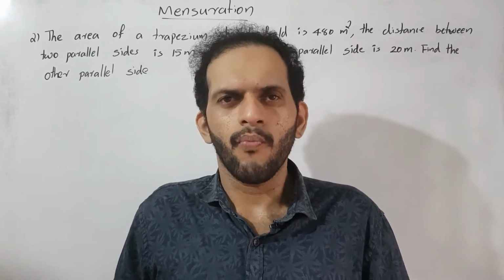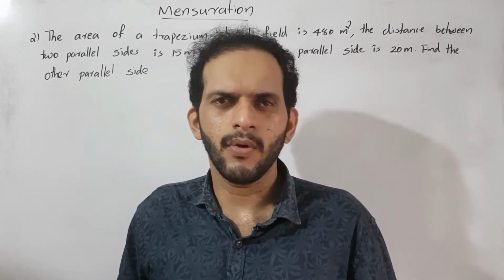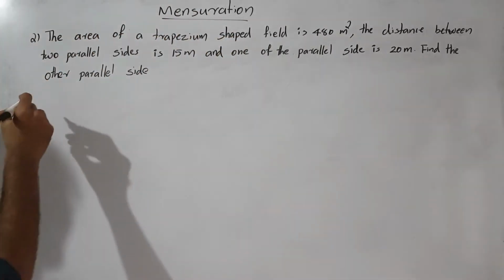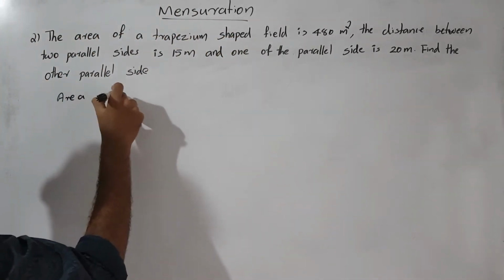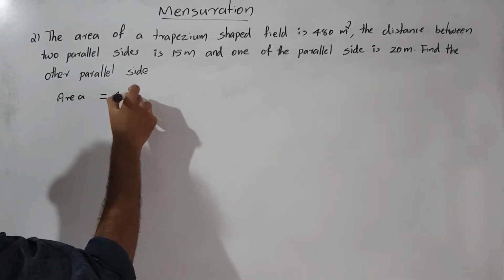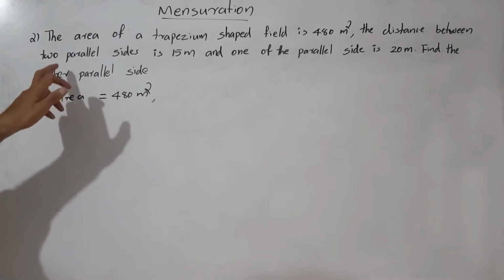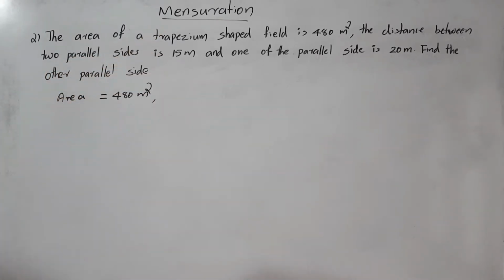Then first we start like this, writing here what is given. Area is equal to 480 square meter, and the distance between the two parallel sides is 15 meters.